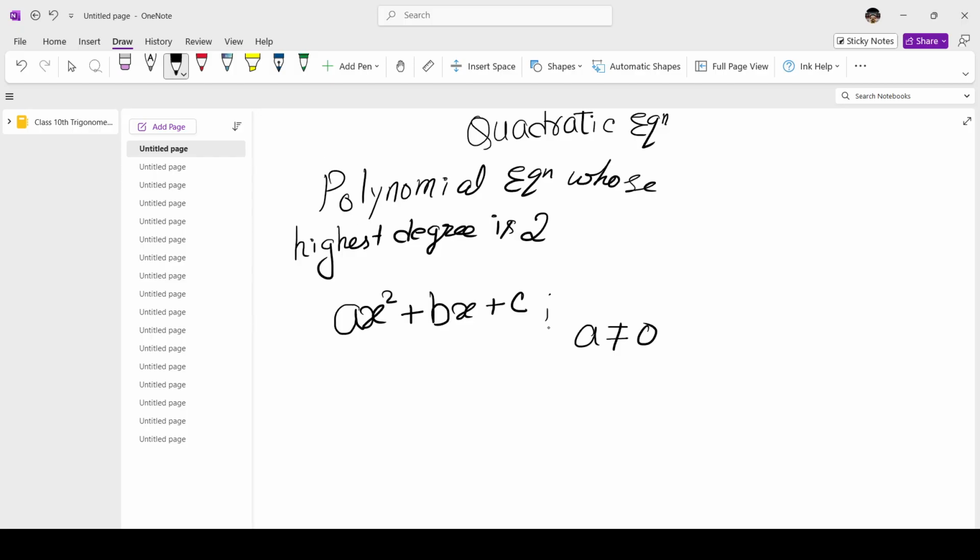Means our a cannot be 0. So how is this polynomial equation quadratic? Because the highest degree, you can see here, is 2.